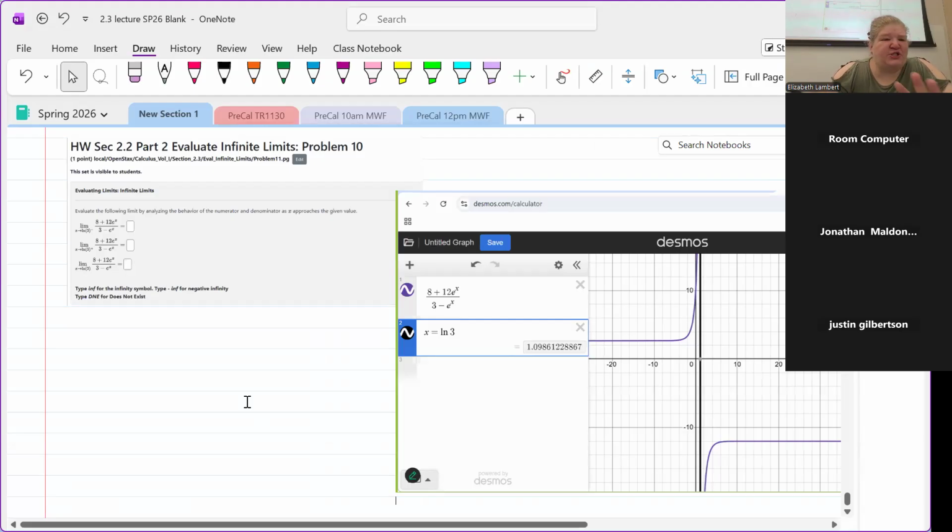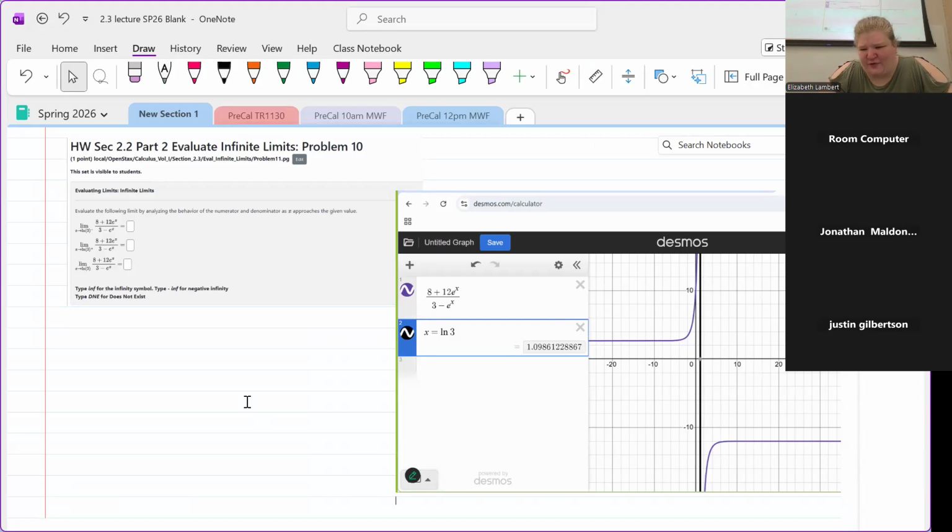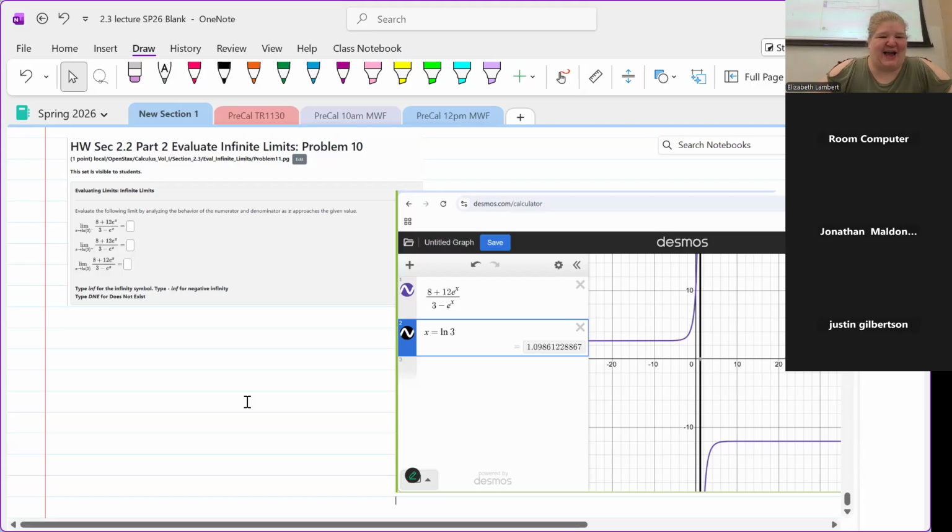So again, this equation is far too disgusting for a test, but it's not bad for a homework question. I'll also say it's not good. If I was going to tweak this question, I would say go take a look at the graph of this thing and then answer the questions, because doing this algebraically is annoying.